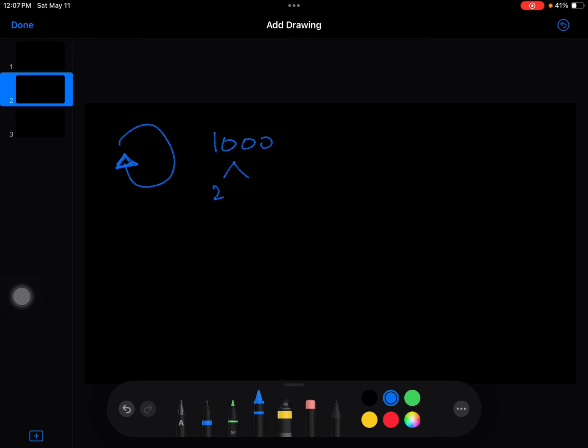Let's take this and break it down into factors. First 2 gives us 500. Any even number is always divisible by 2. It's going to give us 250. Any even number is always divisible by 2. It gives us 125. And that's going to be 5, 25, 5, and 5. That's a convenient number. 2 cubed times 5 cubed.